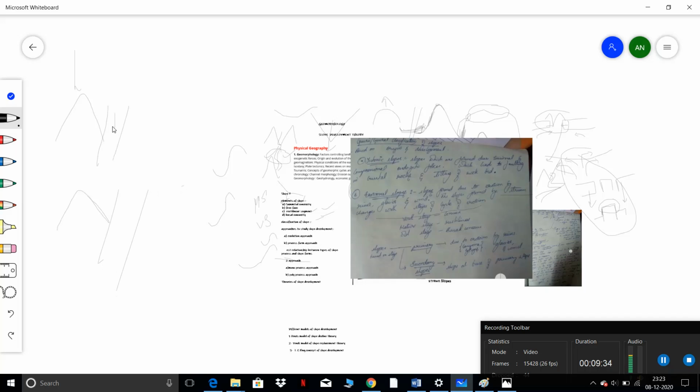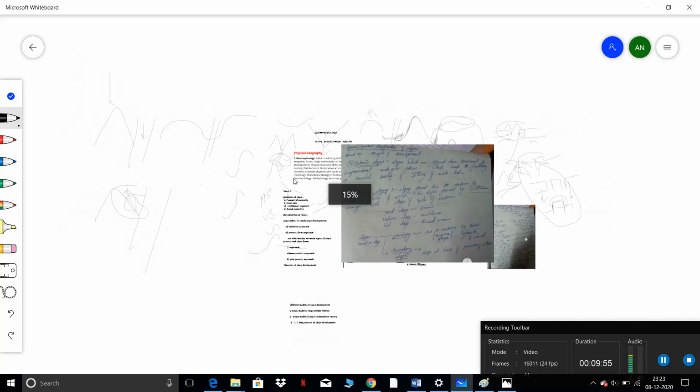Initial stages vertical erosion, later stages lateral erosion. Over a period of time, when this lateral erosion continues, these parts of the hill slopes are eroded and it becomes concave in the older stage, which will be demonstrated in the further session.